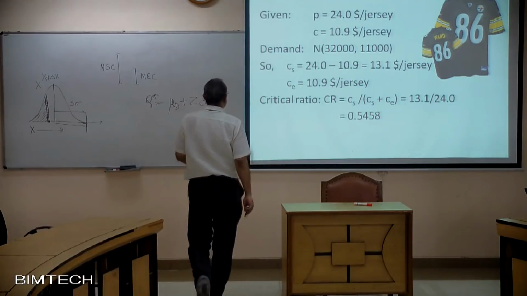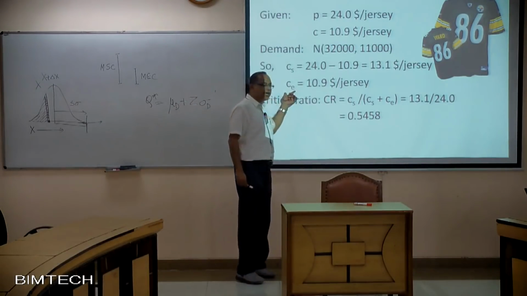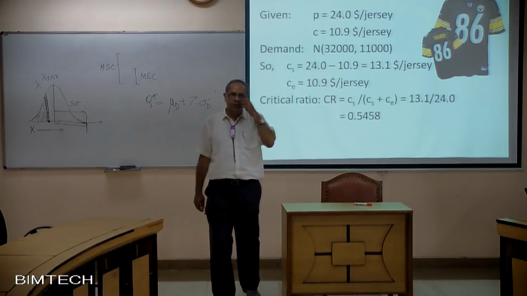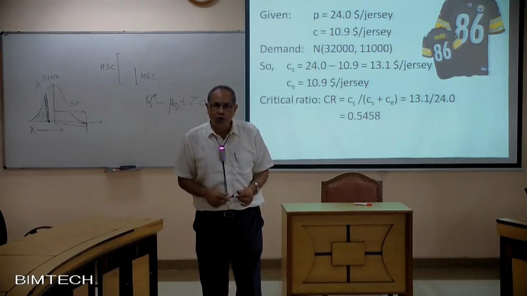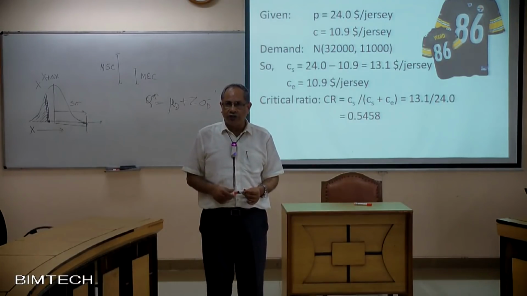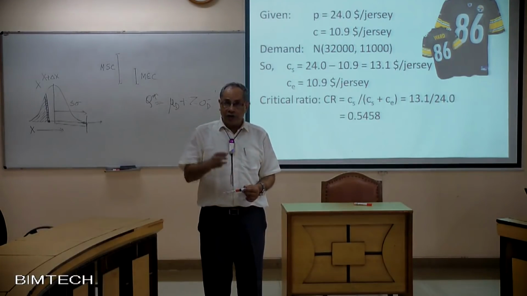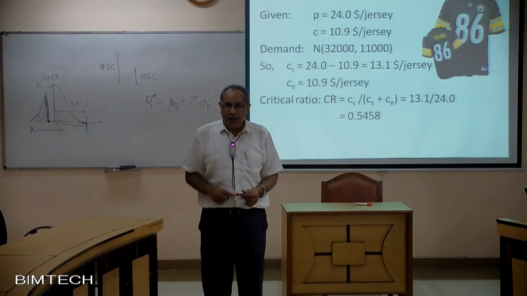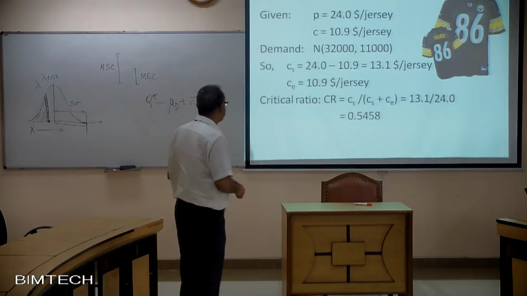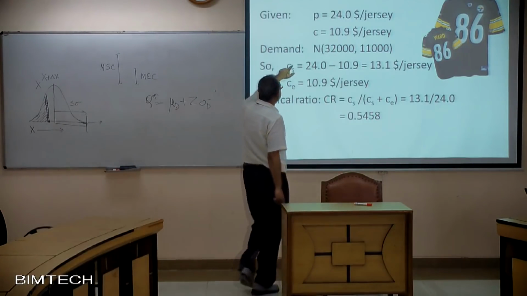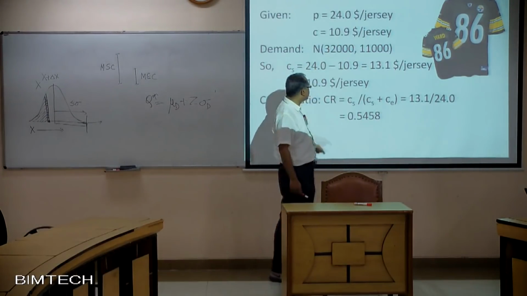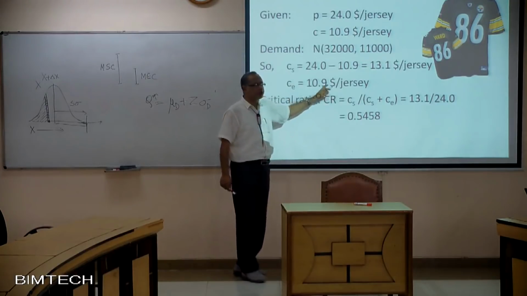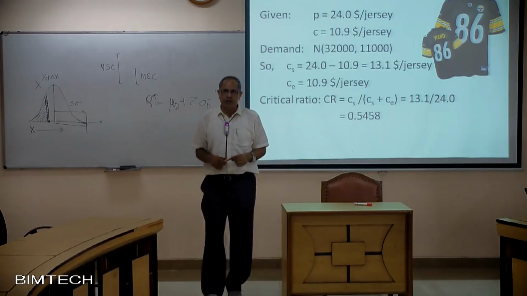What is the unit excess cost? If we go excess, what do we lose? Well, we are not able to sell whatever excess units we are left with, but we have spent money buying those units. How much money have we spent in buying? Well, we have spent the cost, which is $10.9 in this case, and that $10.9 per jersey becomes our unit excess cost.